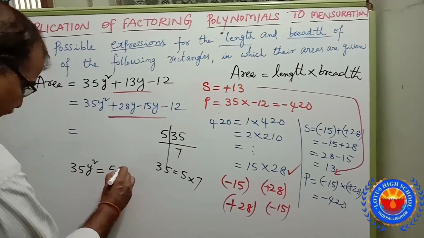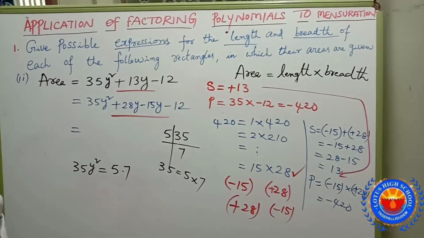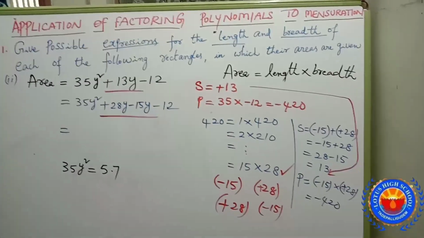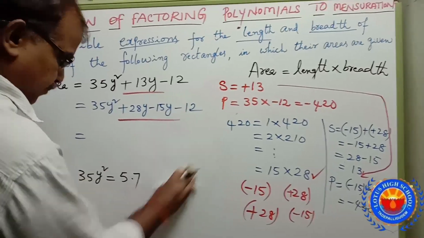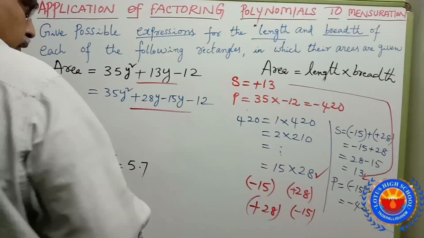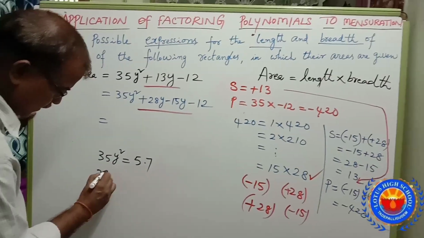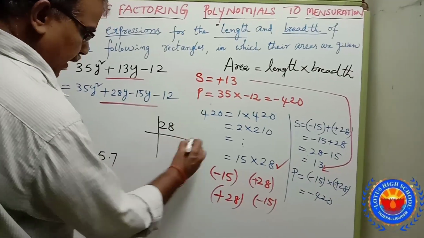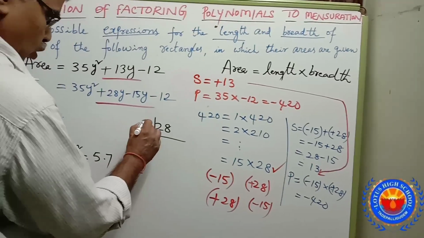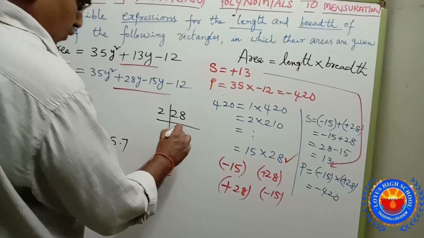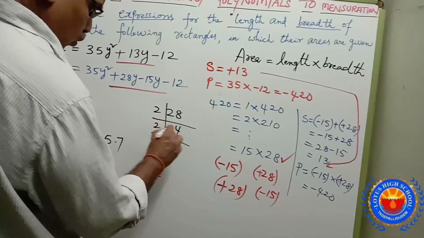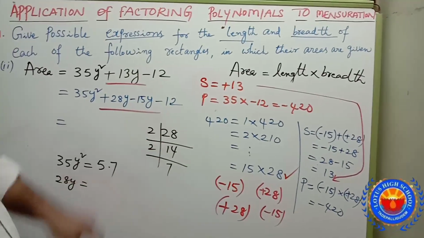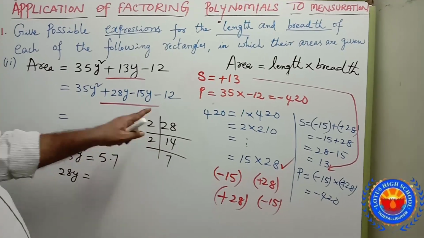Next 28, go for prime factorization, 2 table will be divisible. 7 2s are 14, 14 2s are 28.